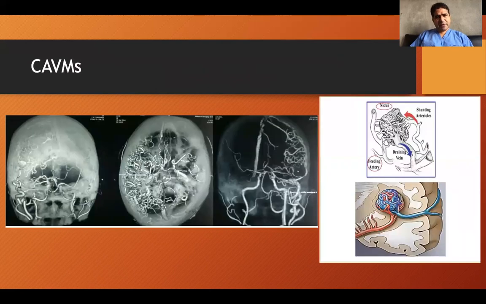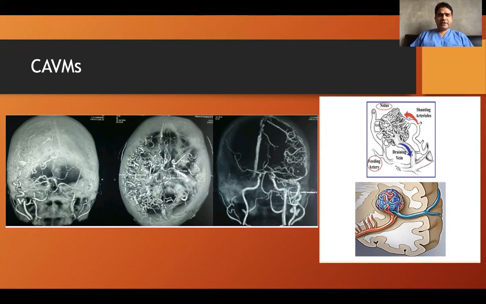So this is how an AVM looks. We can appreciate from this picture that it has four components. One is the feeding artery, second is the nidus, third is the draining veins, and fourth is the neural parenchyma. So AVMs are composed of a central vascular nidus, which is a conglomerate of arteries and veins.